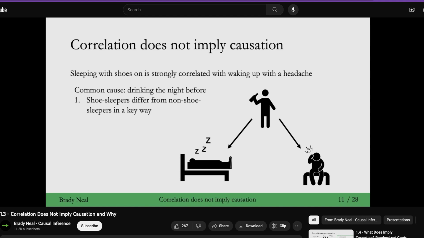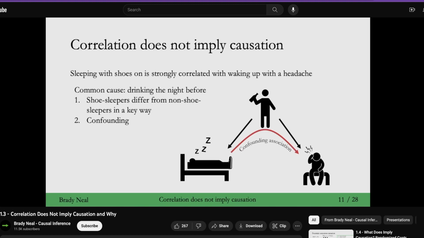You would want the groups to be the same in every way except for the treatment, whether or not they went to sleep with shoes on. The other way is confounding. So because we have this common cause, it confounds the effect of shoe sleeping on waking up with a headache. And graphically, you should visualize it this way.